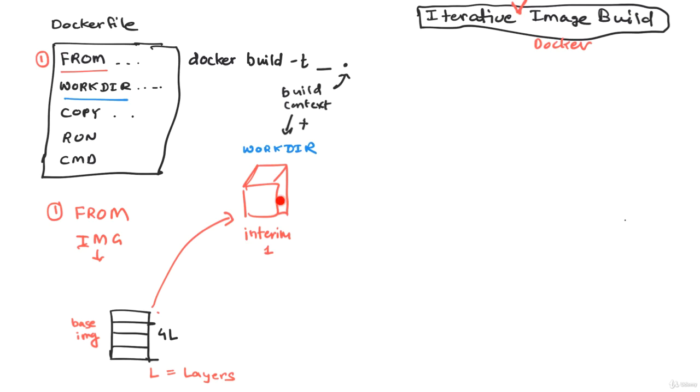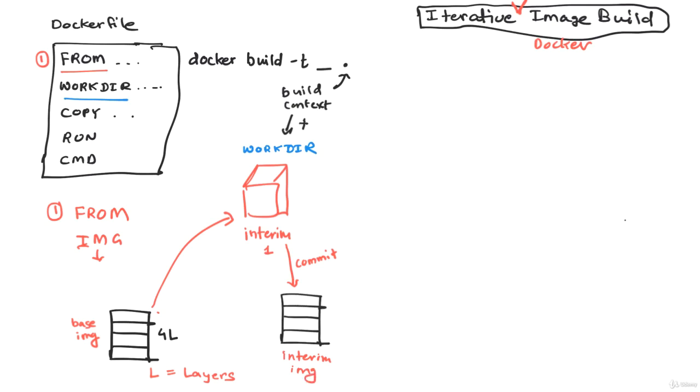Then inside this intermediate container, WORKDIR is executed, or rather added, and that creates a layer by committing that intermediate container to a new intermediate image. Now when this image is built, it adds one more layer to it, because earlier it was just 4 layers.